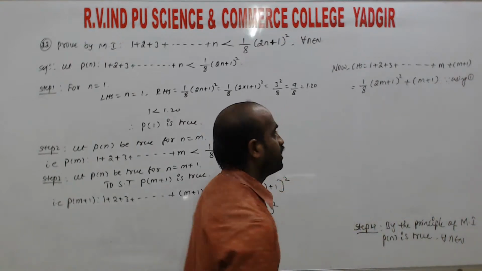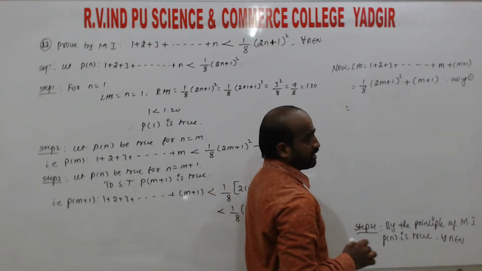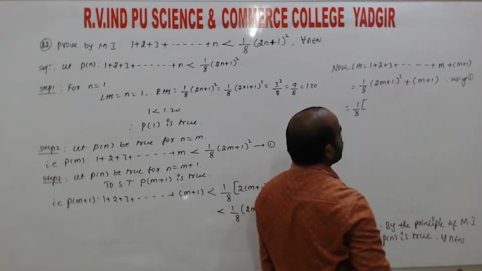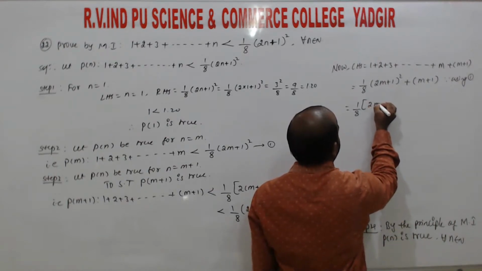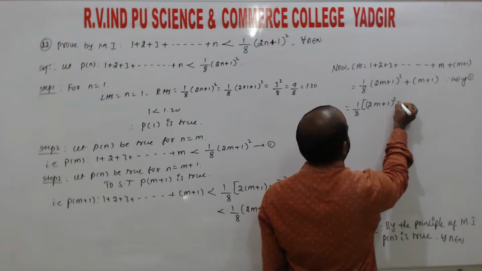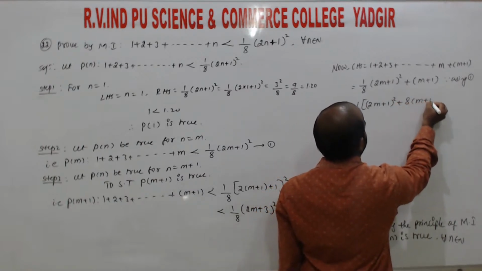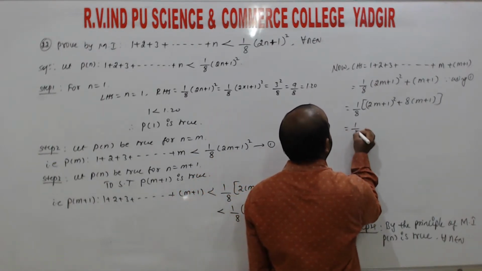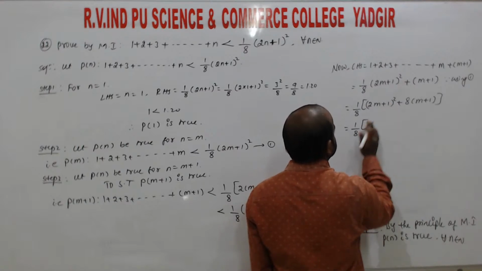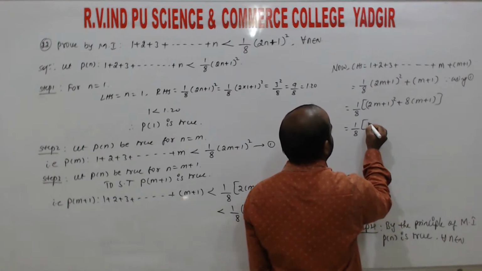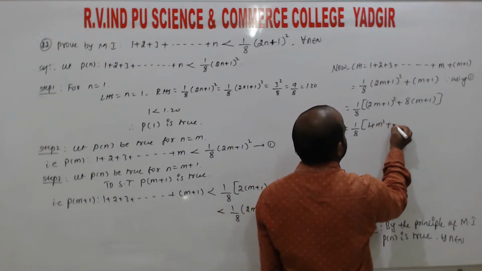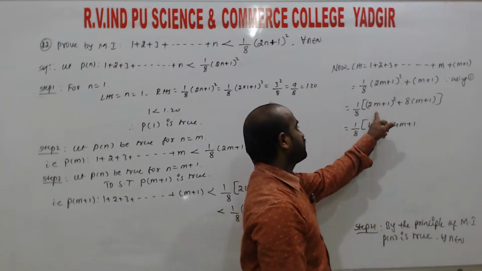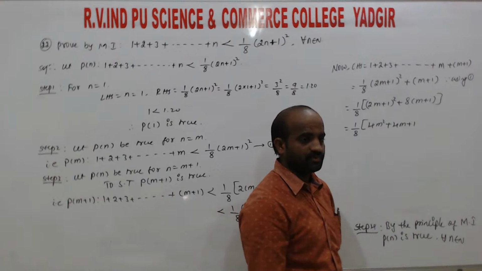8 is the LCM: 1 by 8 into (2m plus 1) whole square plus 8 into (m plus 1). Expanding (2m plus 1) whole square, using a plus b whole square is a square plus 2ab plus b square, gives 4m square plus 4m plus 1.